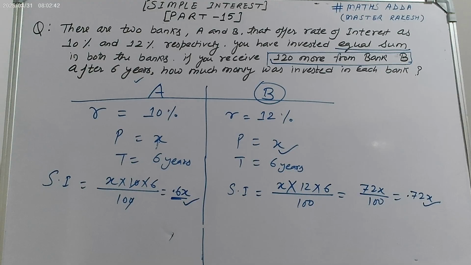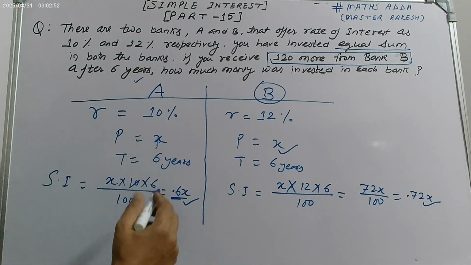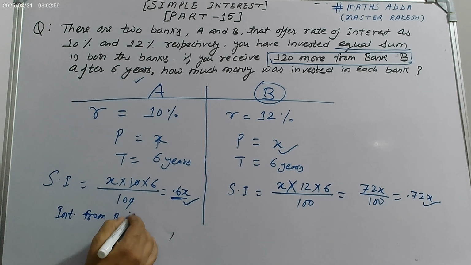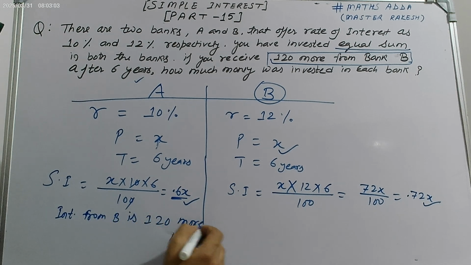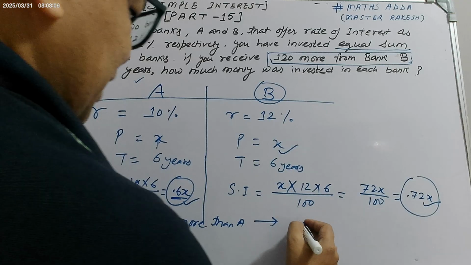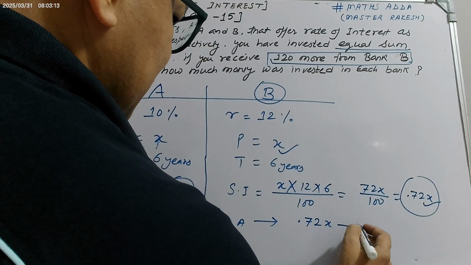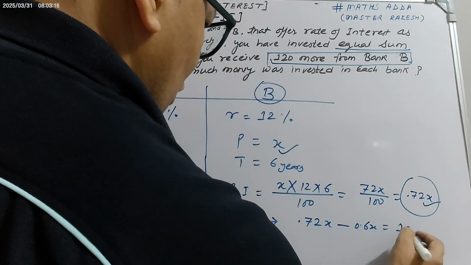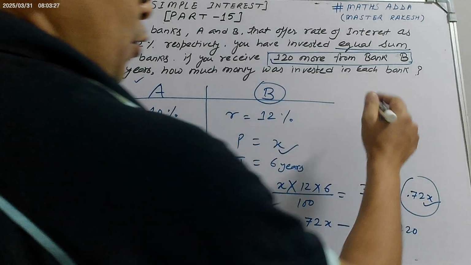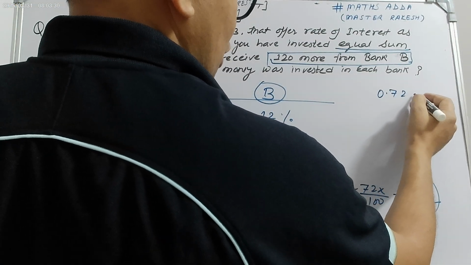So it is given that the interest from B is 120 more than A. The interest from B is 120 more than A, which means this minus this equals 120. So 0.72x minus 0.6x equals 120.